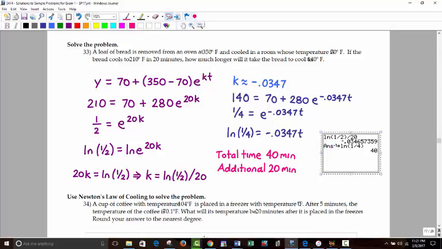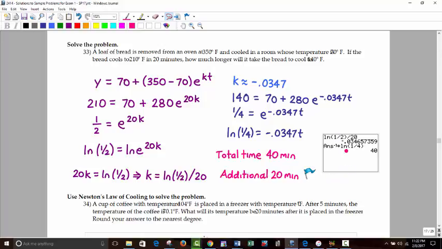I'll put a flag here next to the actual answer, not the total time, but the part that represents the answer. So the 40 minus 20.